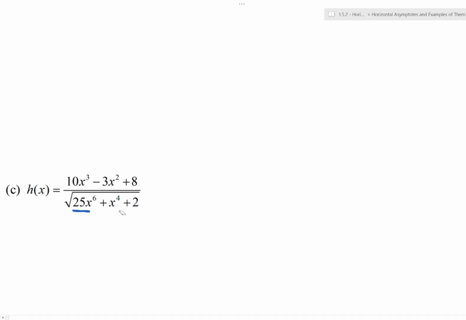And so for that reason, it's kind of like a rational function. I have a cubic polynomial up here, and if I were able to take the root of that polynomial inside the radical, I would have a cubic as well. Thus, what I want to do here is multiply by 1 over x cubed.